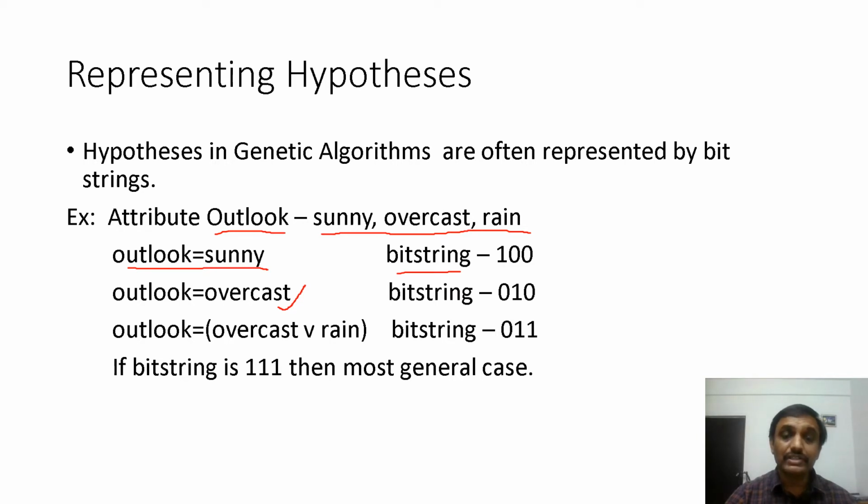If outlook is the conjunction of overcast and rain, the bit string is 011. In the most general case, where all attribute values are acceptable, the bit string is all ones. In the most specific case, the bit string is all zeros.